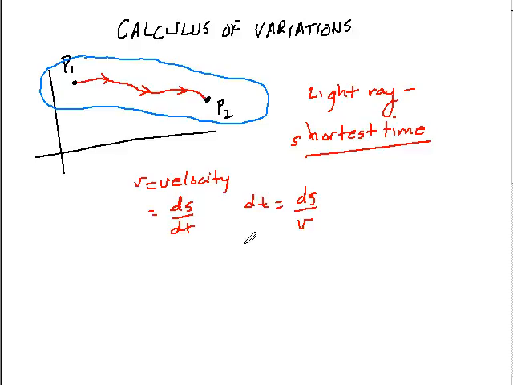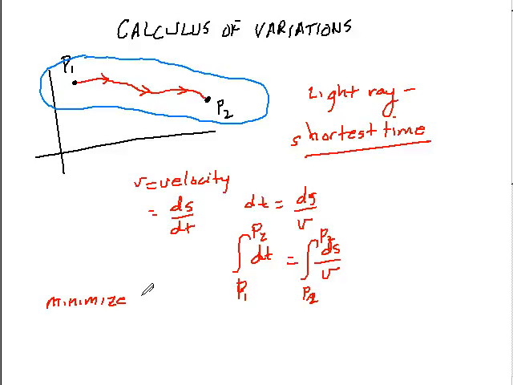So the integral of dt will be the integral of ds over v. I want to calculate the time between point 1 and point 2. So what I'm trying to do is minimize the total time.